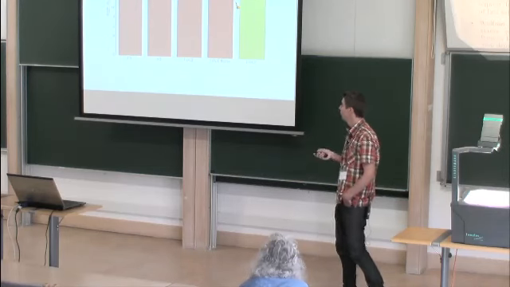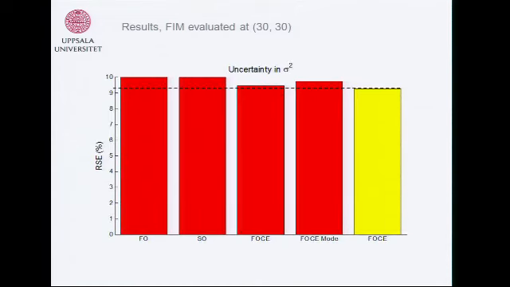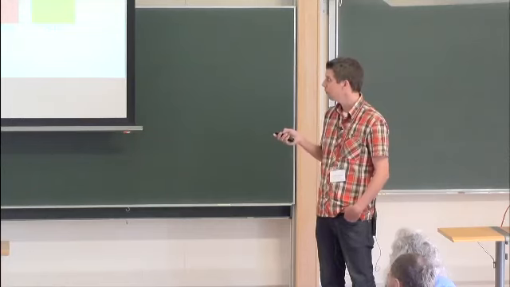If we look at the random effect, you have the truth up here, and the FOC mode and FO seem to perform very similar, and then the FO and SO are very similar. And finally, we can look at the residual error, and that's very easy to estimate in this case. So it's very similar for all of the four methods.